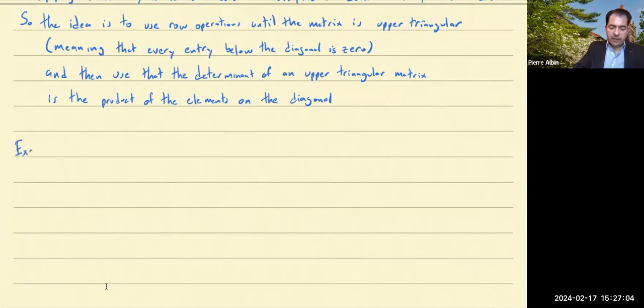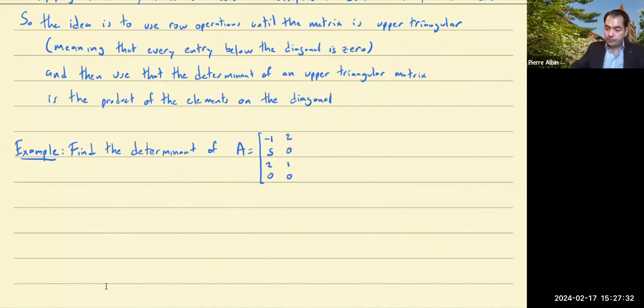So let's work out an example of a 4x4 matrix. Suppose you wanted to find the determinant of the matrix A, 4x4, with entries -1, 5, 2, 0, then 2, 0, 1, 0, then -3, 2, 1, 3, 4, -2, 2, -2.